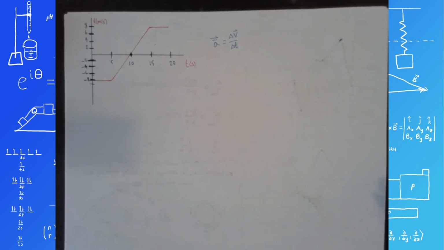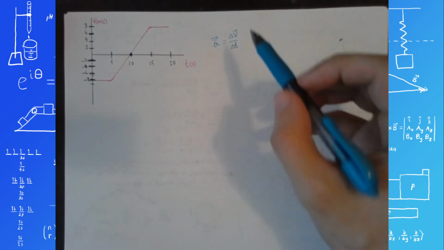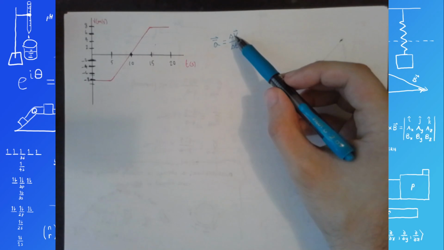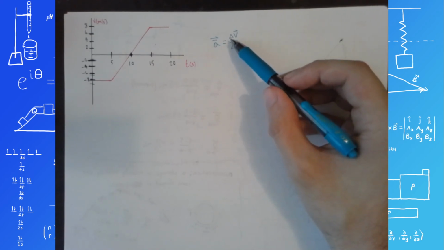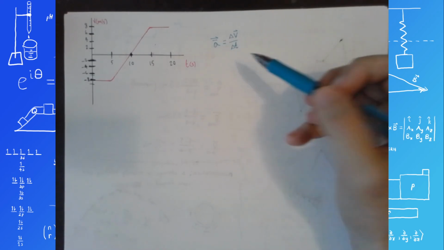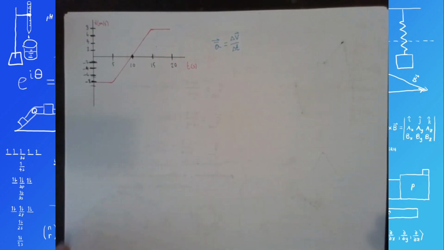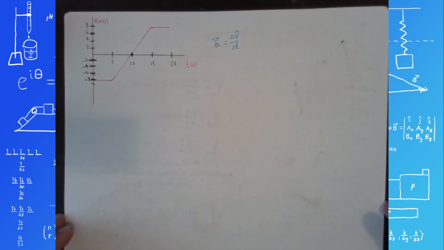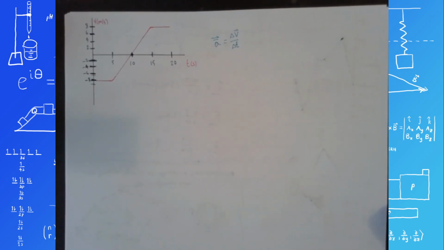It's another example of scalar multiplication, by the way. You've got a vector equals a vector times a scalar, the scalar being 1 over the time. Dividing by time is the same as multiplying by 1 over it, and 1 over a scalar is just another scalar. Just felt like pointing that out.